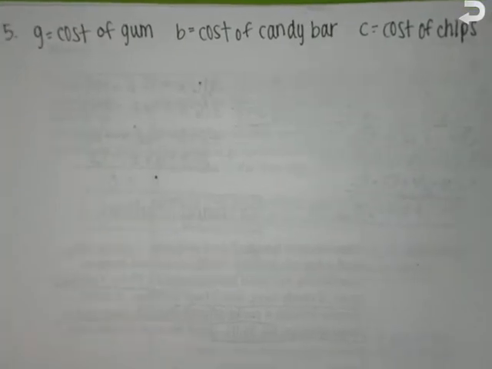So 2 gum, 3 candy, 1 chip, 3.07. 3 gum, 2 candy, 2 chips equals 3.79. 4 gum, 4 candy, 3 chips equals 6.01.